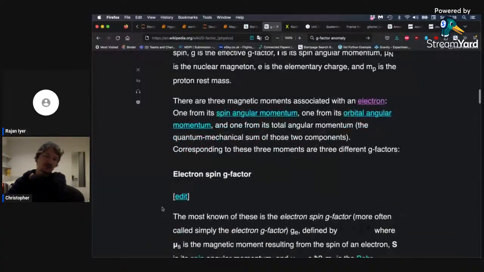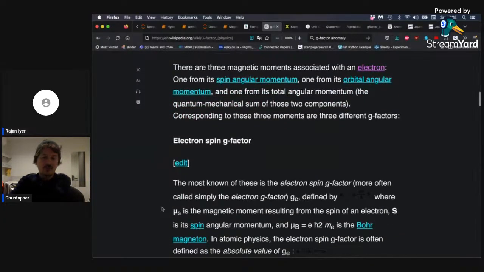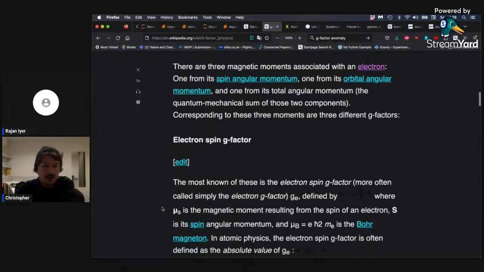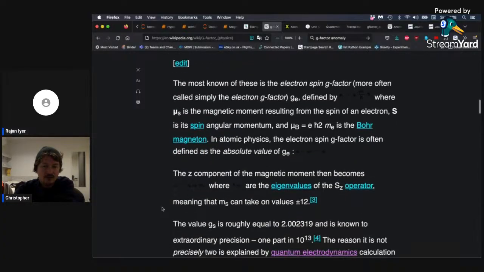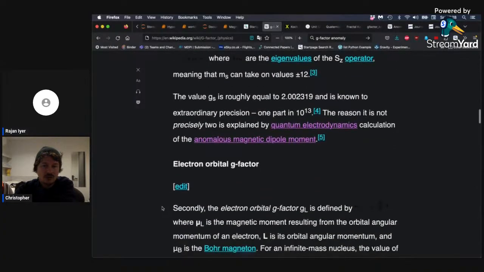So if you're firing an electron around a collider, according to Dirac's equations, it should have a magnetic moment so that it lines up again after it rotates twice, I think, before it comes back around to the start.